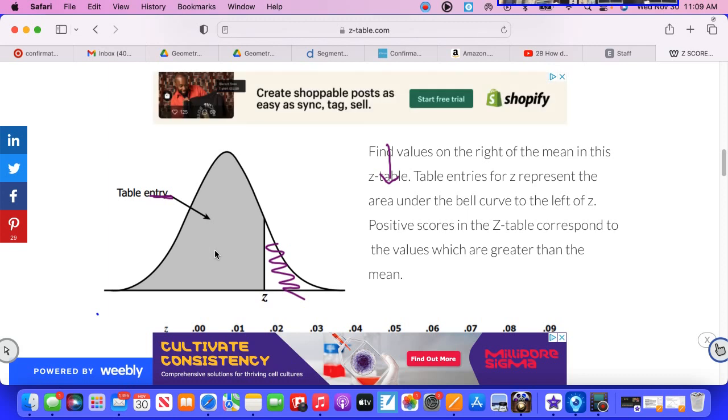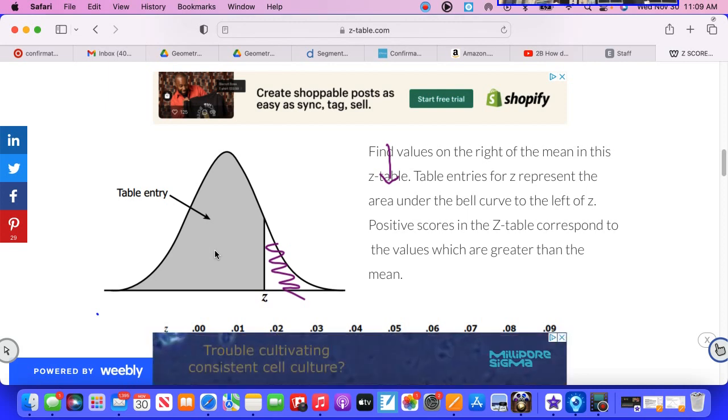It just depends on what side you're looking for. No matter what paper, if you were in a statistics class, they would give you your z-scores. They're going to put that picture on there, most likely, to remind you that the percentage they give you is talking about these to the left. So if you need the ones to the right, you subtract it from 100. Okay? That's the only time you do that.